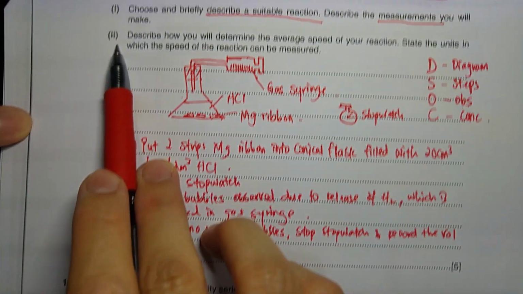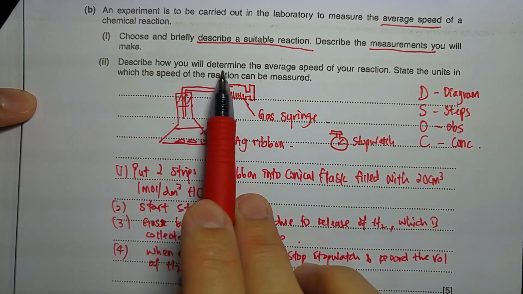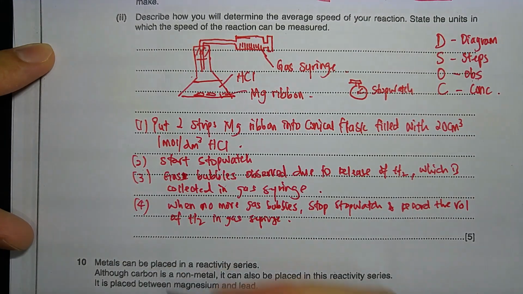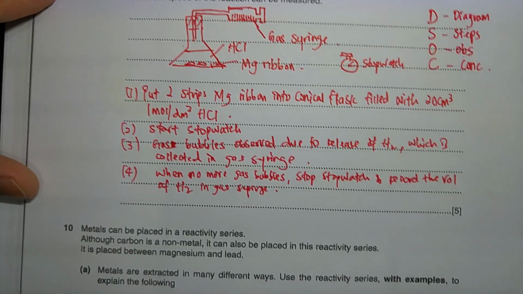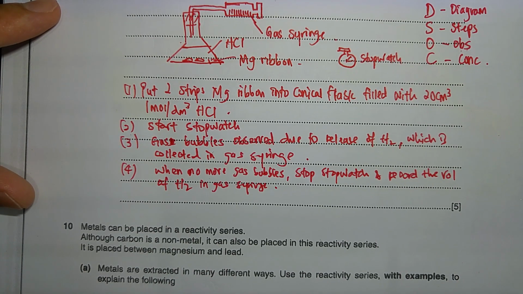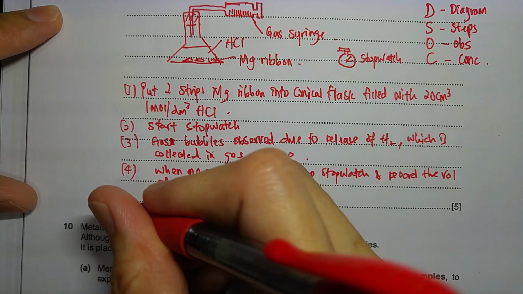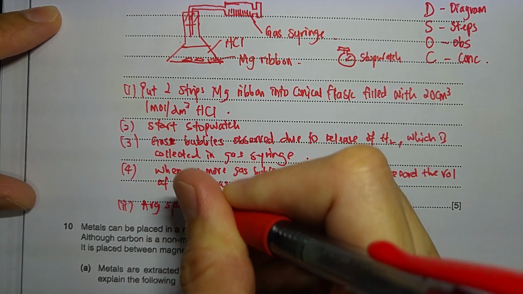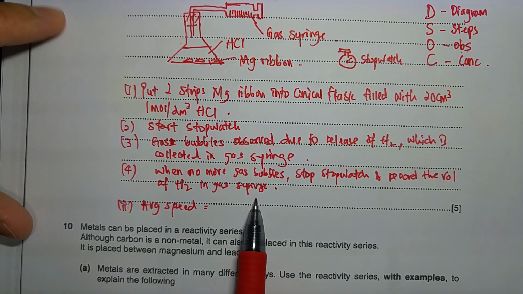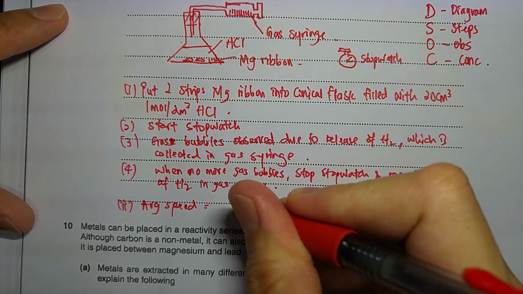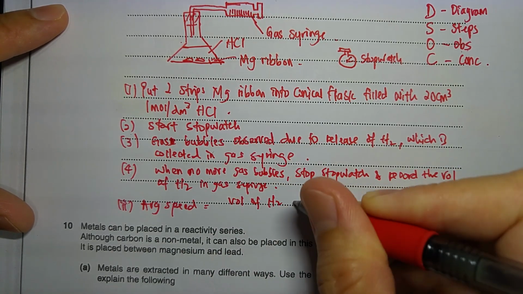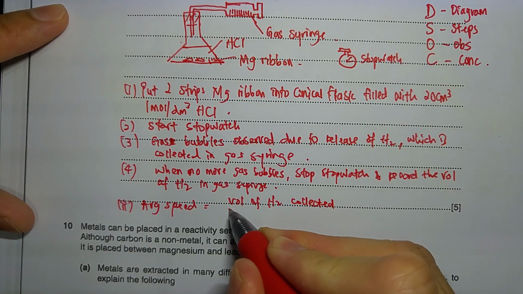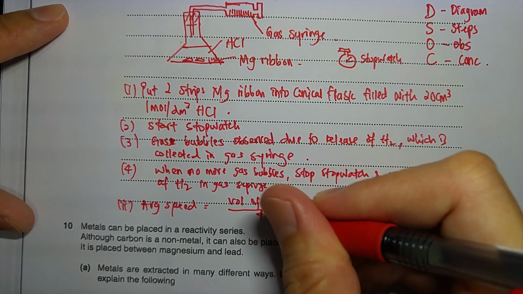Conclusion would be for part 2: describe how you will determine the average speed of your reaction. So this is part 1, and part 2 is how you determine the average speed of reaction. The average speed would be the total volume of H2 collected that you recorded in step 4 divided by the time taken.